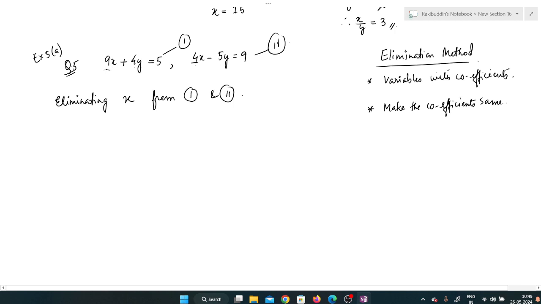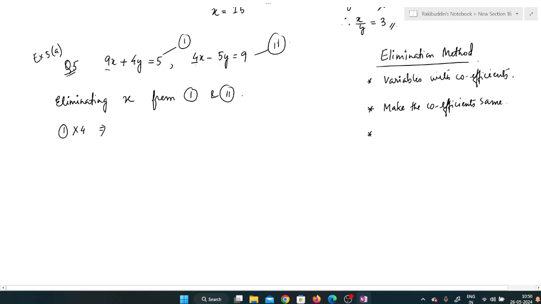You have learned LCM. If I find the LCM of 9 and 4, I get 36. So in equation 1, in order to make the coefficient of x 36, I have to multiply it by 4.